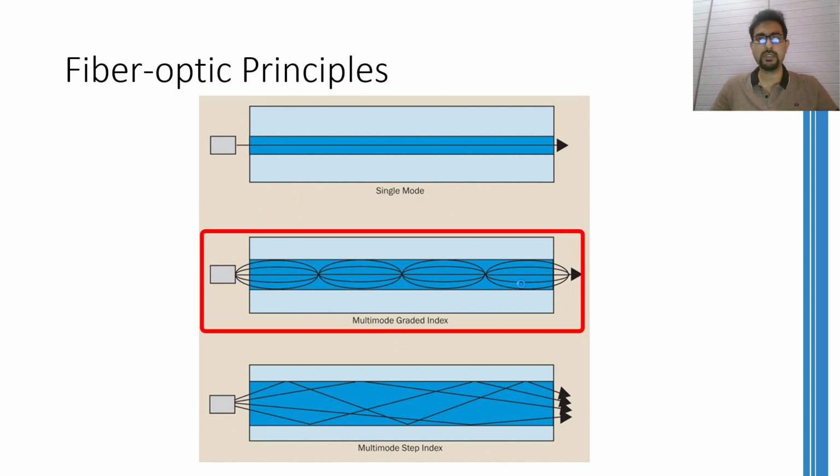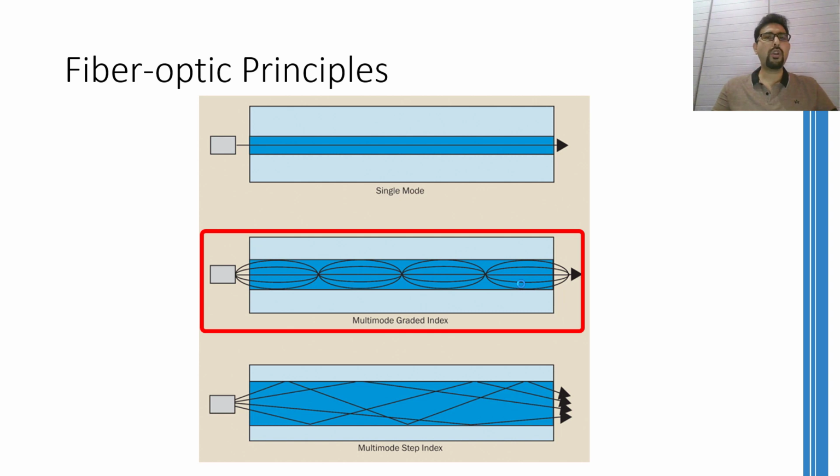In the multi-mode graded index fiber optic cable, the core has evenly distributed refractive index as you move from the center of the core to the edge of the core. This allows the light near the edge of the core to travel faster than the light traveling at the center of the core.